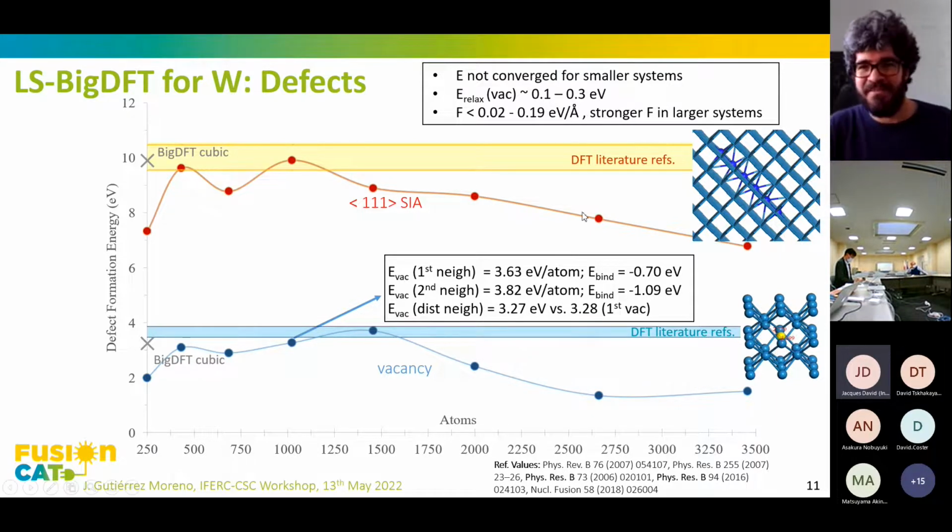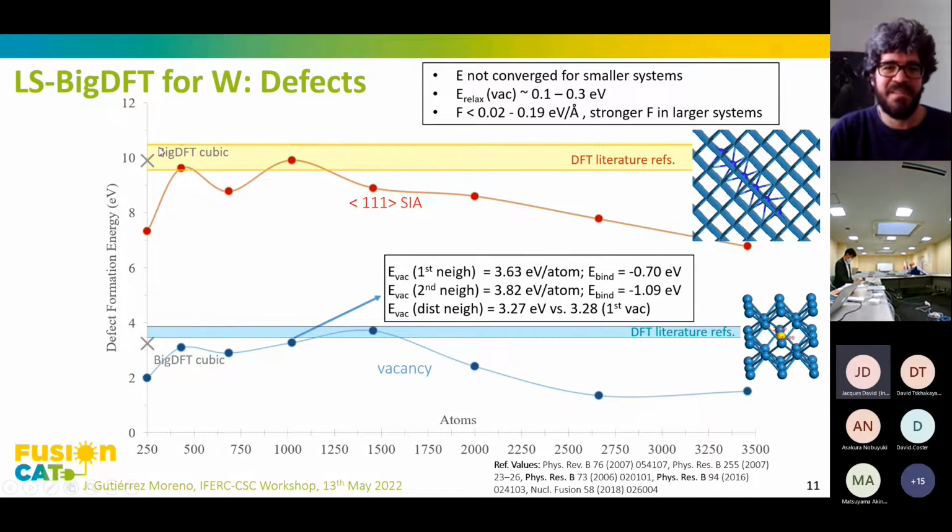But still, this is what we have to compare with, just to have an idea of where we are and how this work compares to other available ones. And the X marks here and here are the values we got with the cubic scaling version of BigDFT.